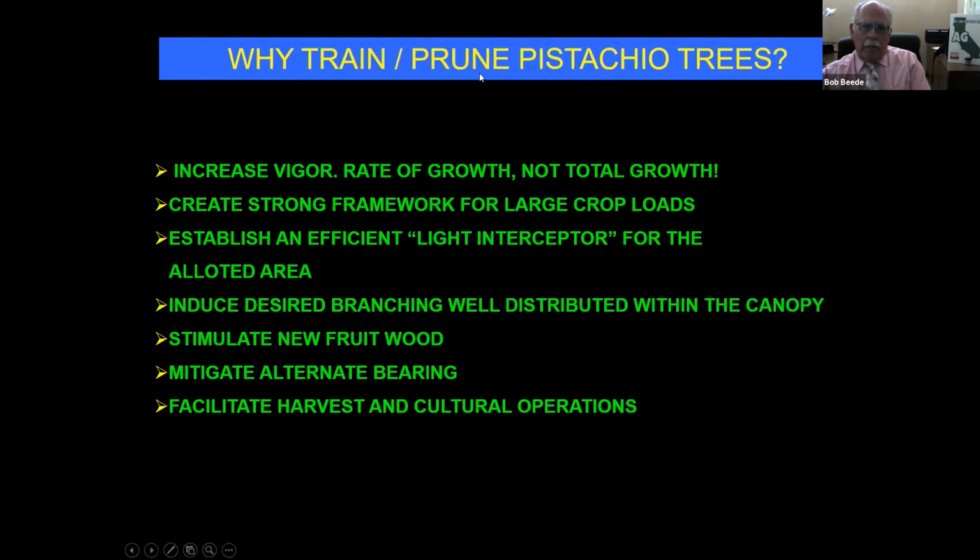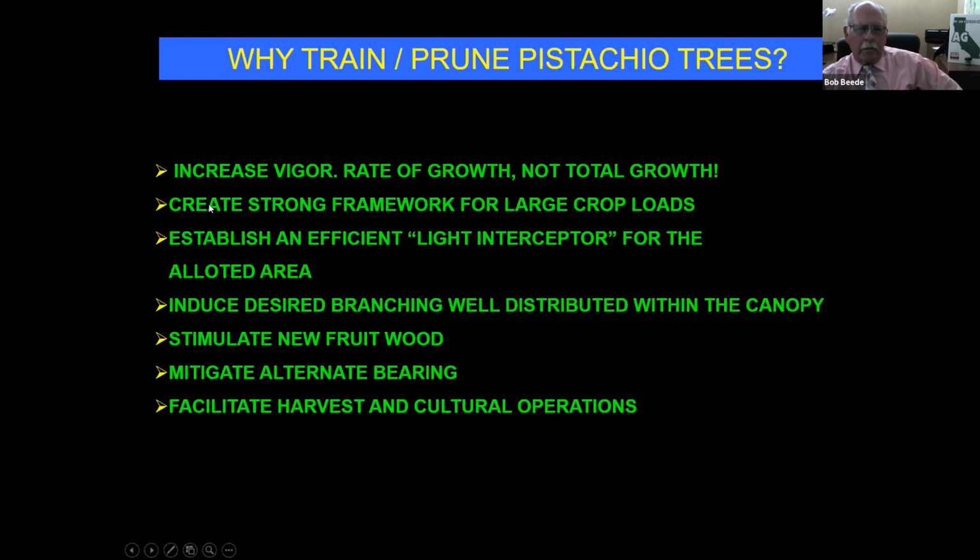So why train and prune pistachio trees? Well, we train to increase their vigor, or rate of growth, not the total growth. An unpruned tree will always be bigger than a pruned tree, but what we're attempting to do is direct growth to a desirable location for the purpose of developing a canopy that is intercepting light efficiently.